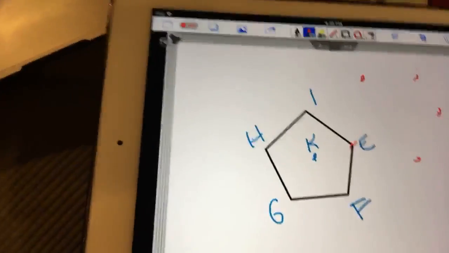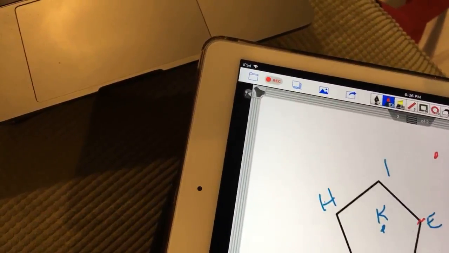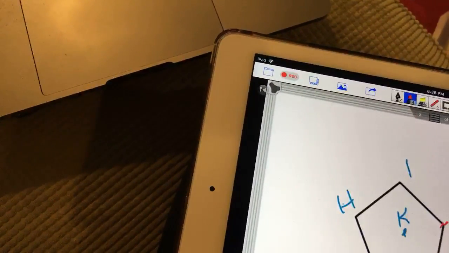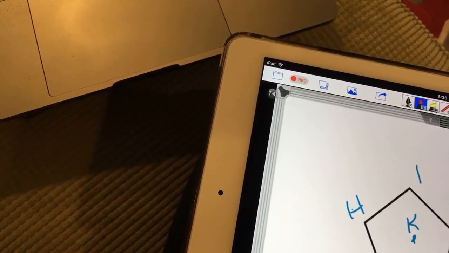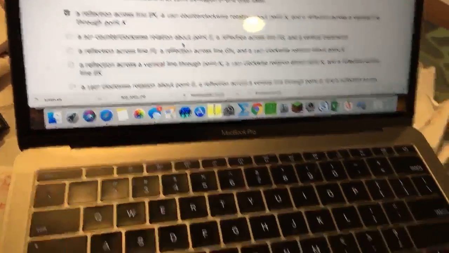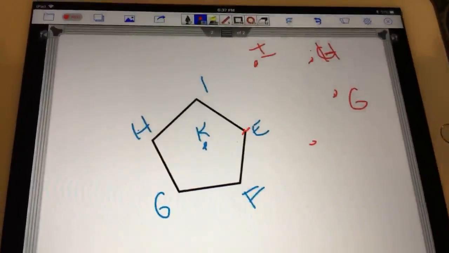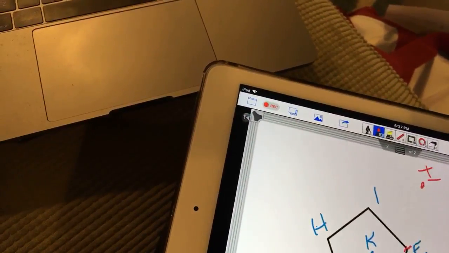Okay. Then a reflection across line FG. Let me see where I am. These points are wrong.